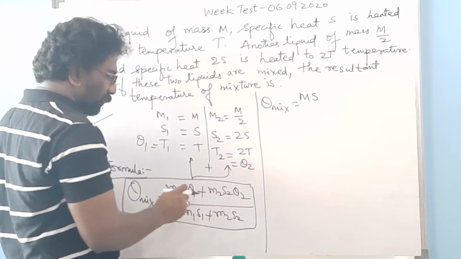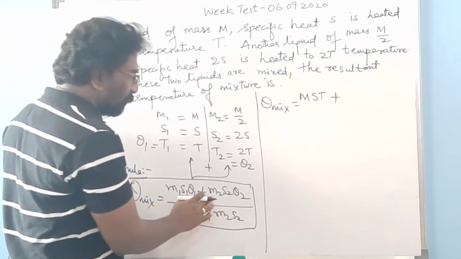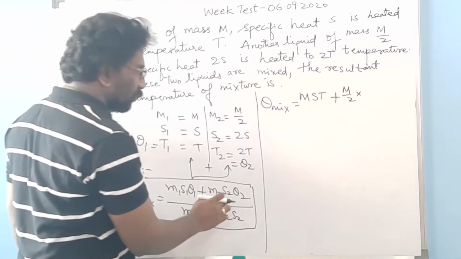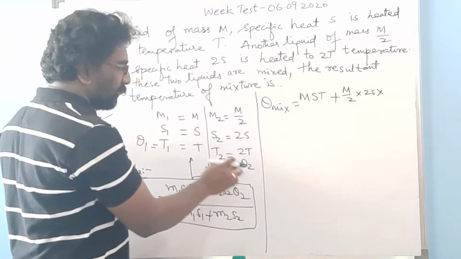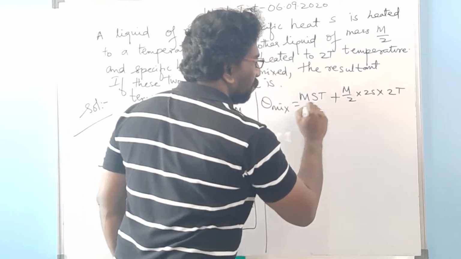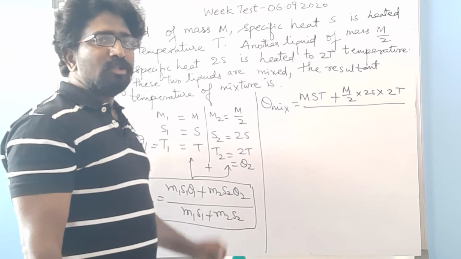So theta 1 is T, plus m2 is m by 2, into s2 which is 2s, into theta 2 which is 2t, divided by m1 s1 plus m2 s2.